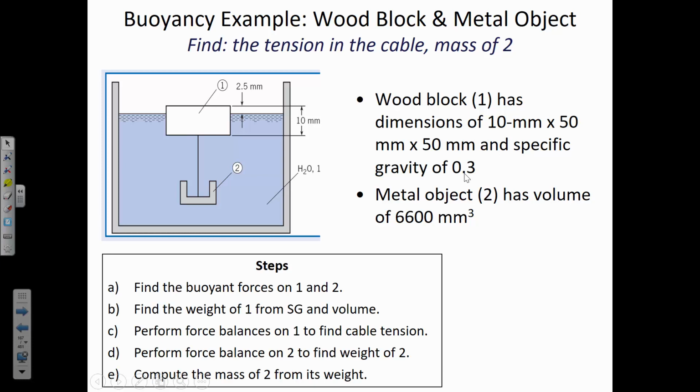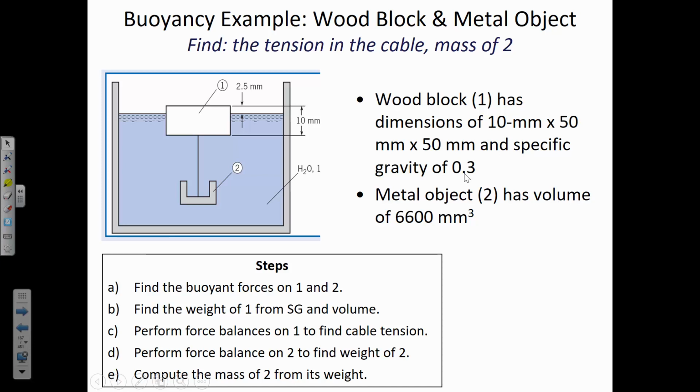All right, so here are the steps we can follow to solve this one. Find the buoyant forces on 1 and 2. What's the formula for that? What's the F sub B formula? Okay, the unit weight multiplied by volume displaced, V sub DISP, displaced water.